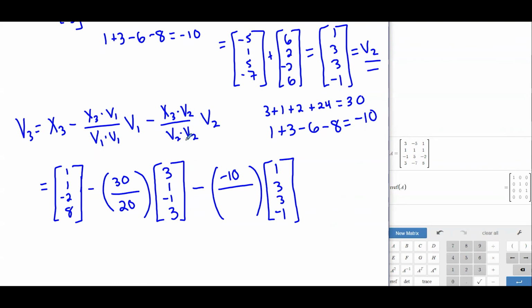And v2 dotted with itself, so this is v2, it'd be 1 plus 9 plus 9 plus 1. That's going to be 20.